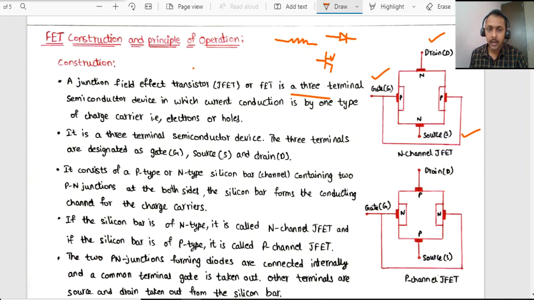Simply to say, it is either a p-type or n-type silicon bar containing two p-n junction diodes on both the sides.